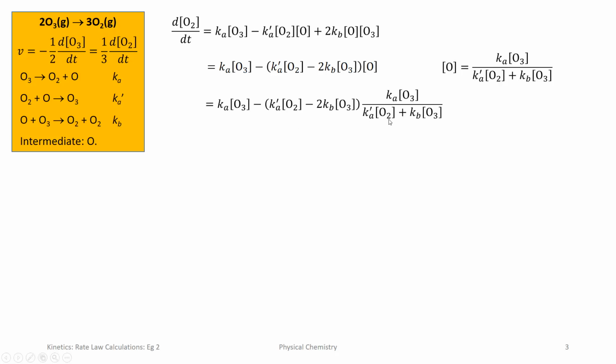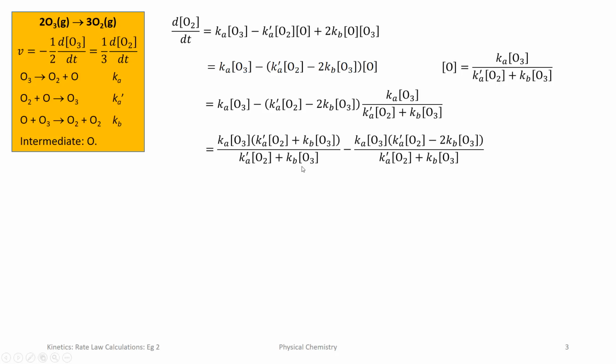We do that and then put on a common denominator, which is done here. Factor out the terms that are common in both of these and then cancel. This term here is going to cancel with this, and a minus times a minus makes a plus, so we'll end up with 3 of these.